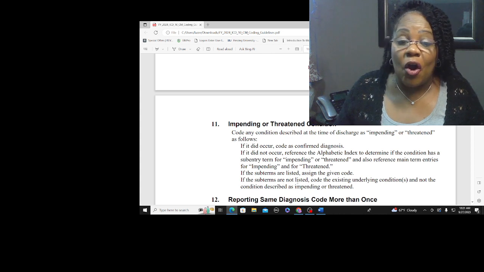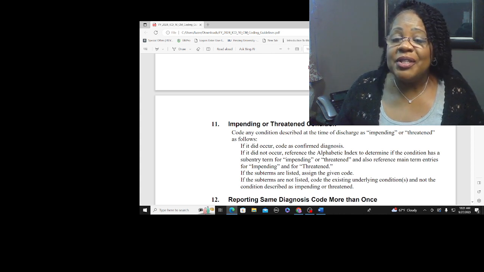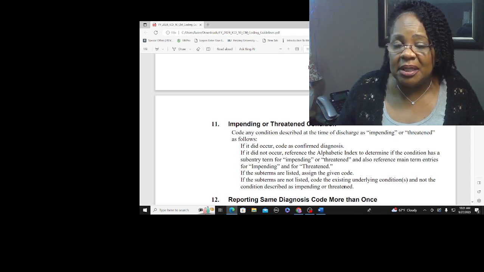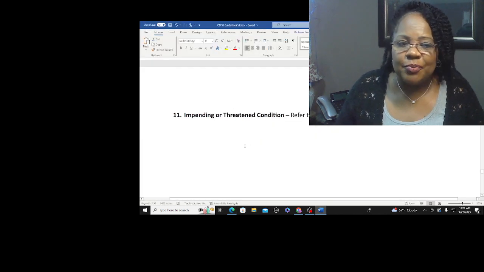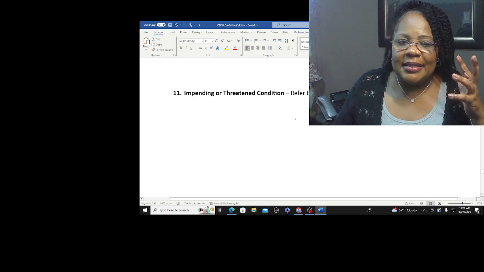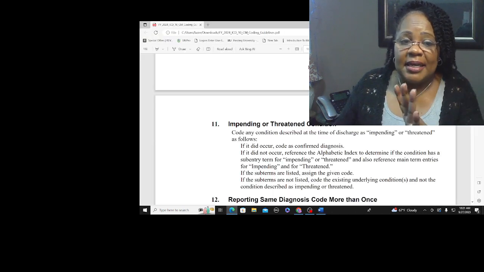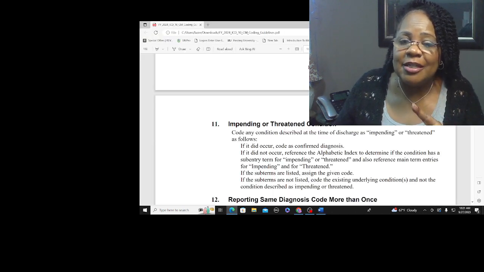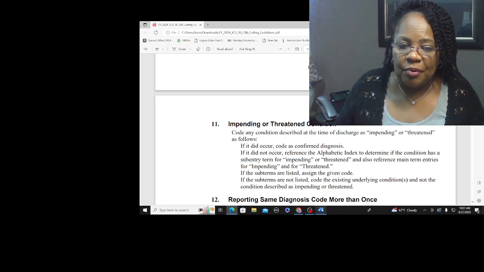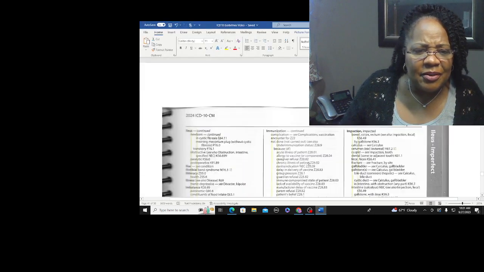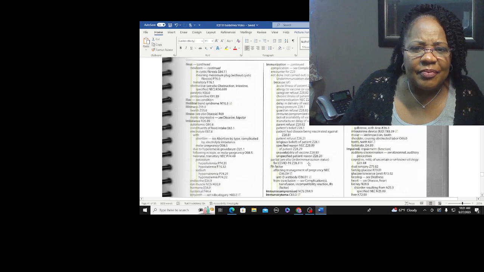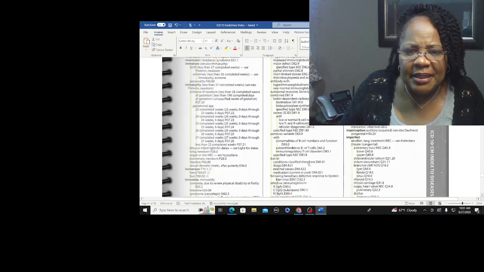If the subterms are not listed, code the existing underlying condition and not the condition described as impending or threatened. And that's pretty much what I'm saying here: if the condition says impending or threatened, go to main term impending or threatened. Did I make a copy of those? Yeah, see here, here's impending.